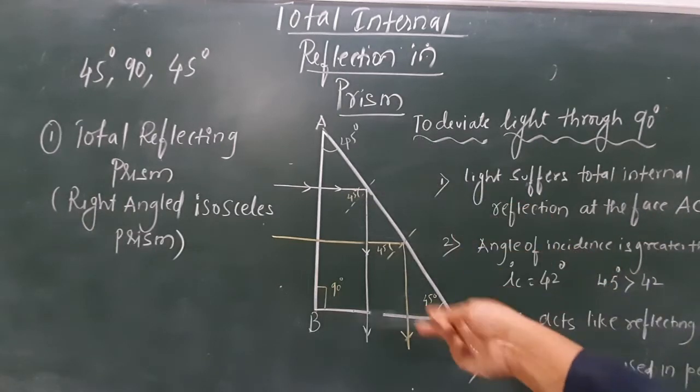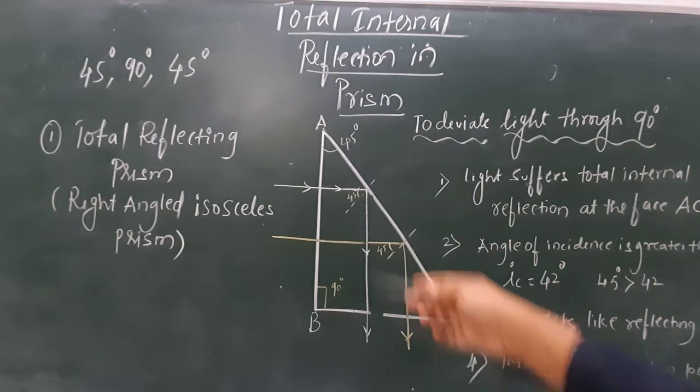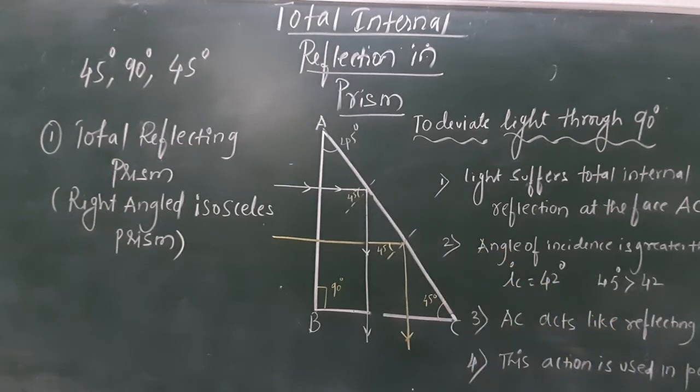In this whole arrangement, AC acts like the reflecting surface, right? This action is used in the periscope. This particular prism arrangement is taken in the periscope, where it replaces plane mirrors.